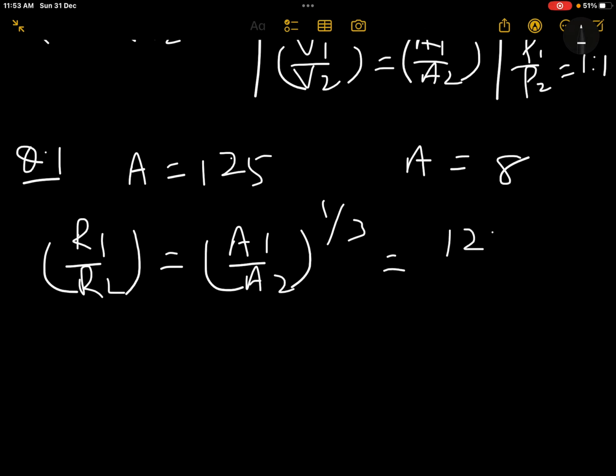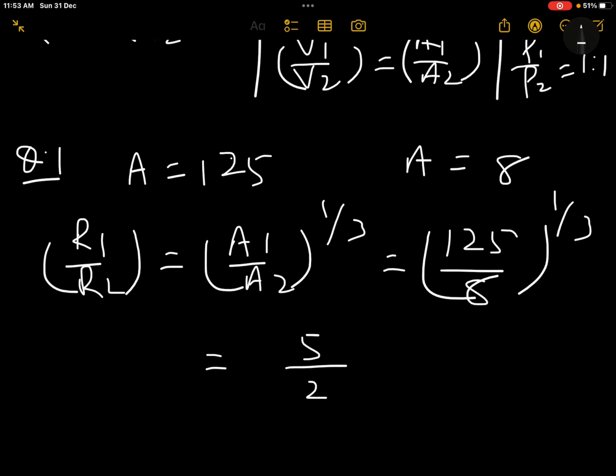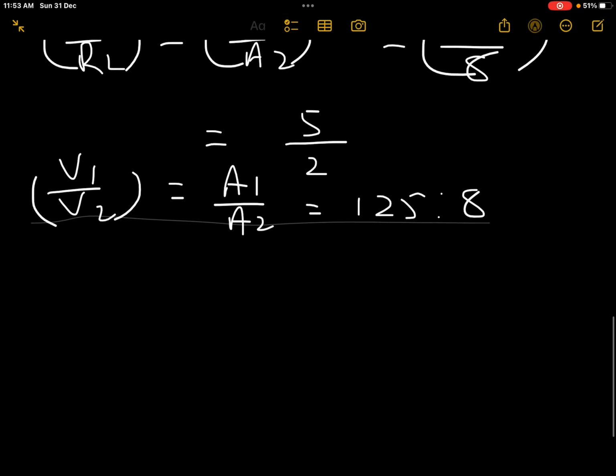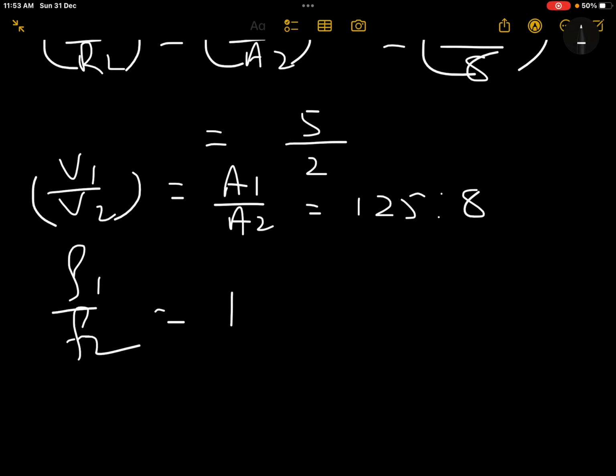What is that? 125 by 8 to the power 1 by 3. 125 means 5, and 8 is 2. What is the ratio of the volume of these two nuclei? It is 125 is to 8. What is the ratio of nuclear density? 1:1. Okay, next.